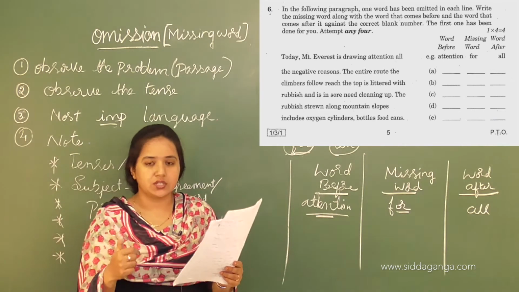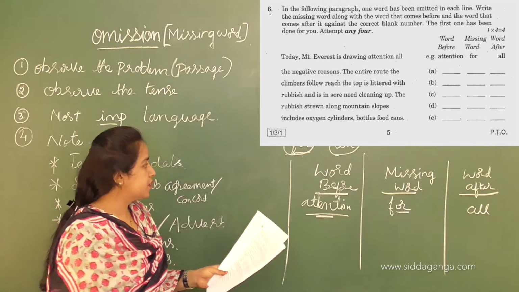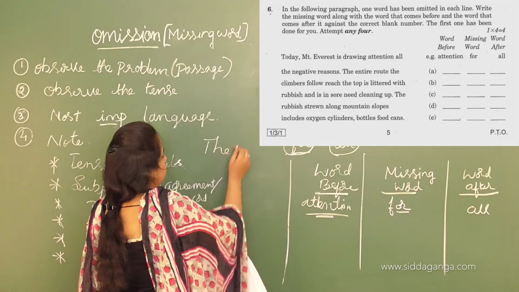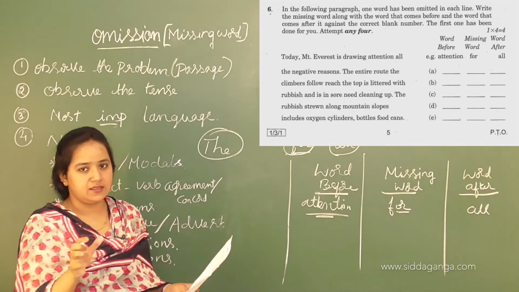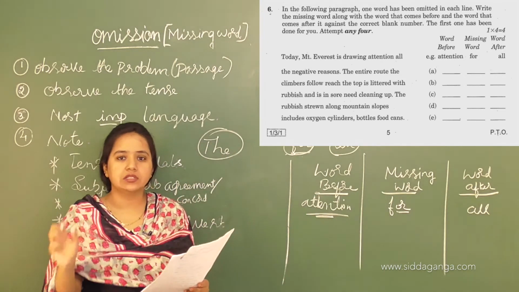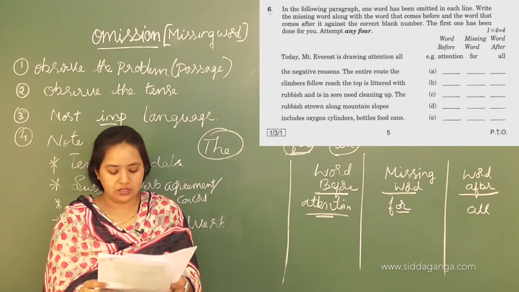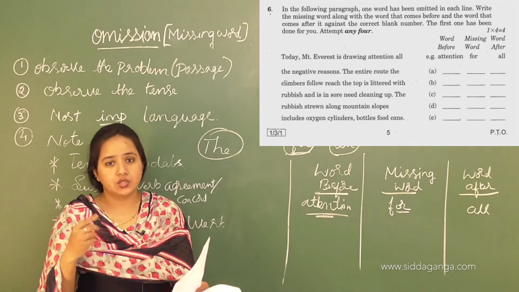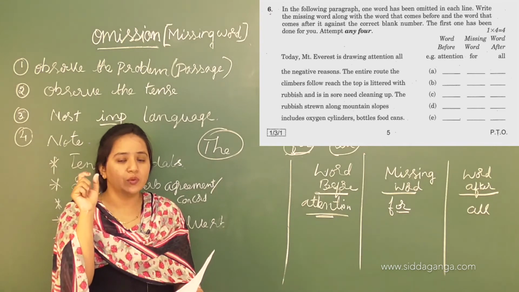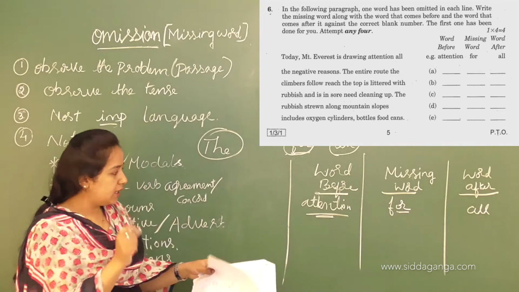The entire route, the. You have observed here that the has been used twice in this sentence. The entire route, the. Okay, we can't use the twice, so there is a word missing. What is that? Now you understood.